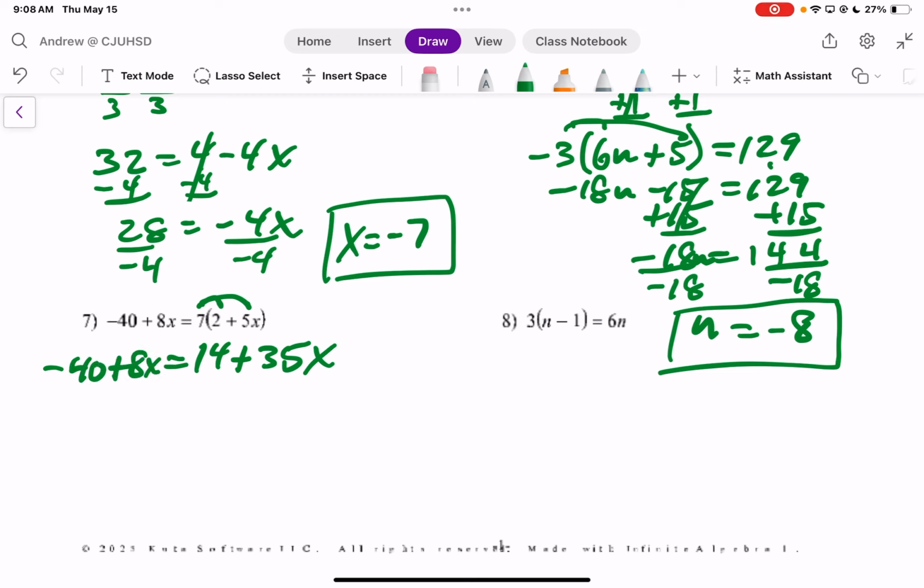When you've got x on both sides, the advice from way back in first semester was to get rid of the smaller x. 8x is smaller, get rid of that one. And let's see, that would be what, 28?